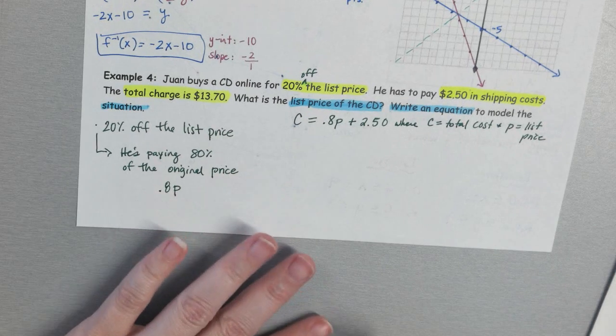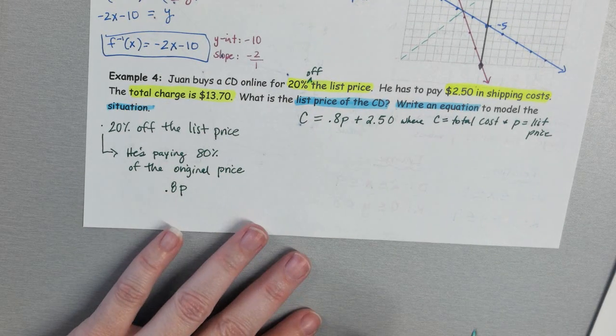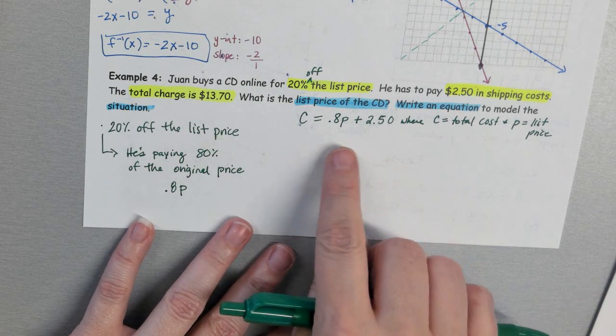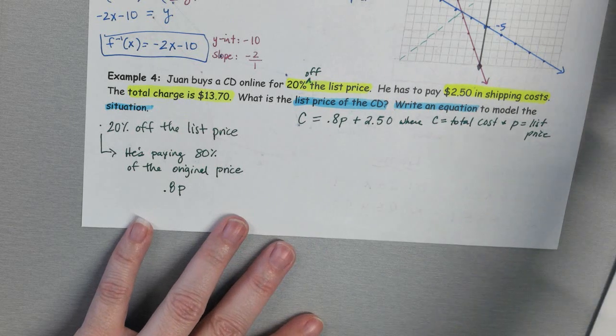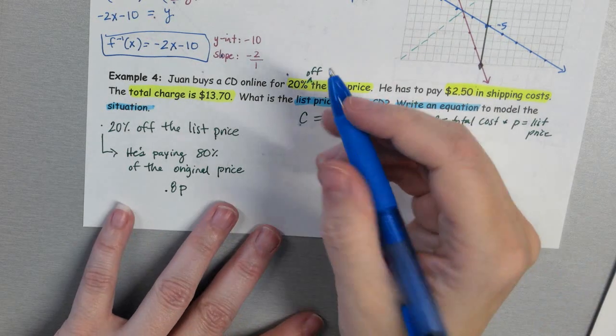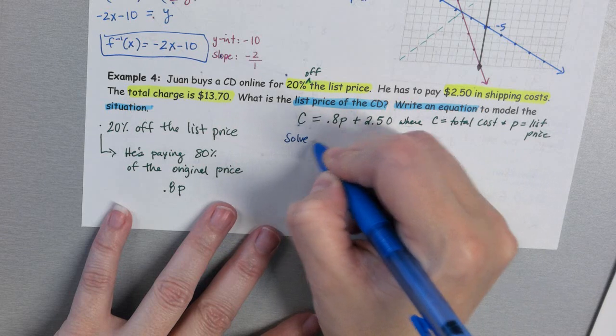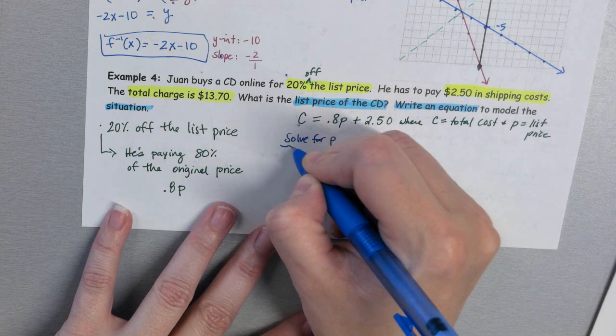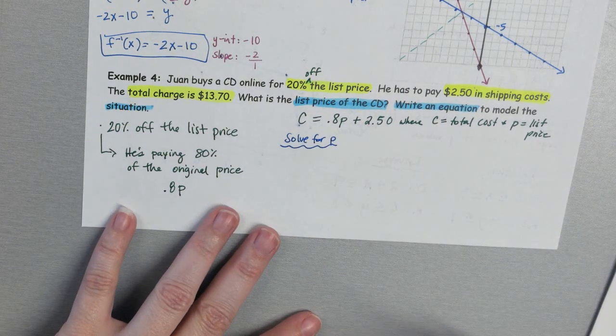So if I'm writing an equation to model the situation, I can also just solve this for P. So we're going to solve for the list price.